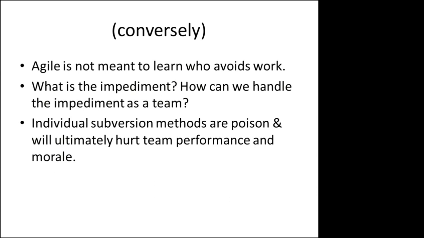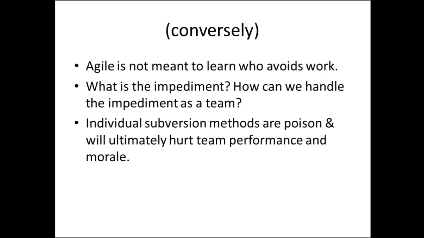One thing to mention, though, is that individual subversion methods are poison and will ultimately hurt team performance and morale. Agile is very much a team effort, and if you have somebody trying to subvert it, you can kill team morale in a hurry. For PMs and teams, you need to address that very quickly.